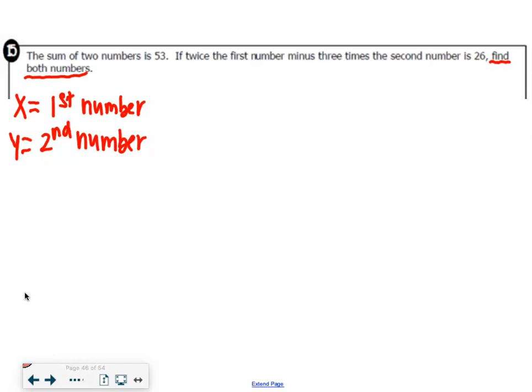Now from here we're going to go back and reread and see if we can make equations off the words. So it says the sum of these 2 numbers is 53. So remember, sum means to add. So all I need to do is x plus y equals what? 53. Okay, so there's our first equation.